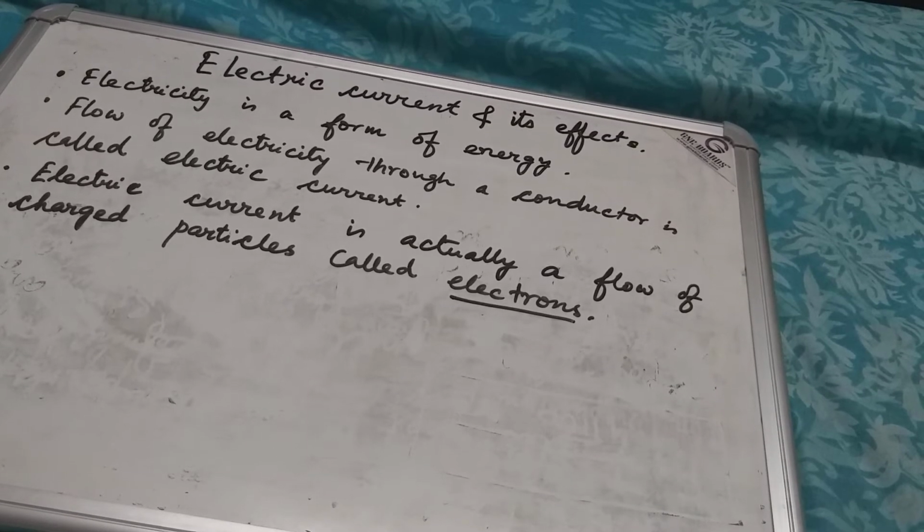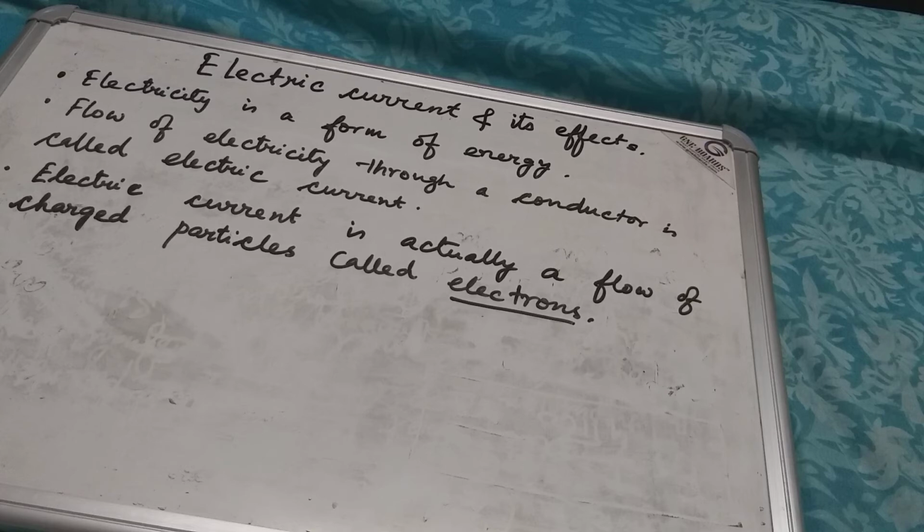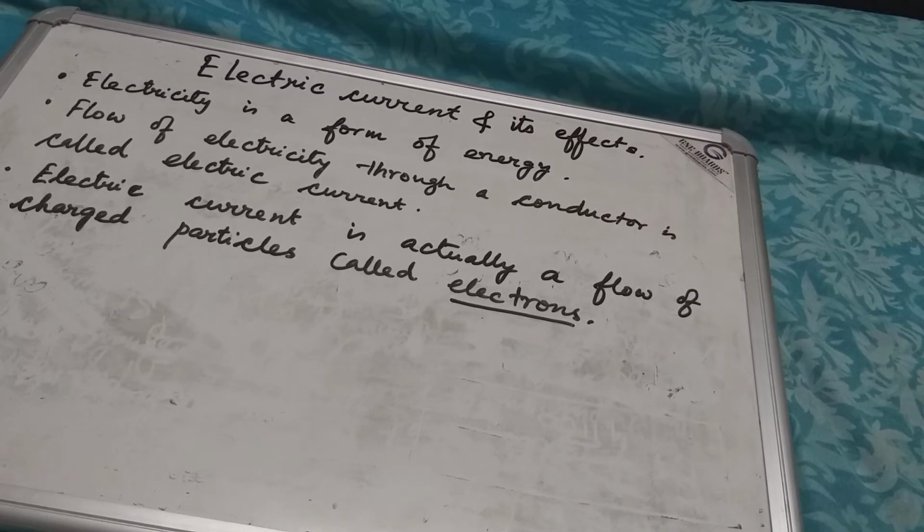That will be a cell, which is a safe source of electricity. So we will not take the high voltage electricity from the main power point for our experiments. We will use a cell. Now let's see about the circuits.